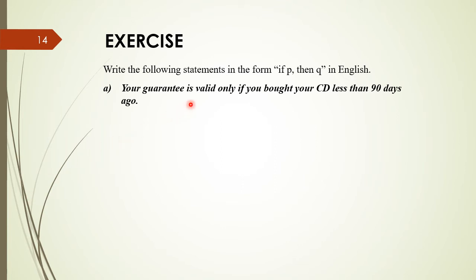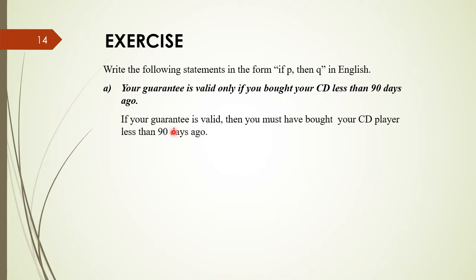Students, the given conditional statement is in the form of P only if Q. So its P part is your guarantee is valid, and its Q part is you bought your CD less than 90 days ago. Therefore, its if P then Q representation would be, if your guarantee is valid, then you must have bought your CD player less than 90 days ago.